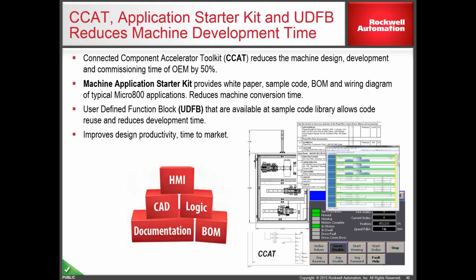For all new customers who are going to start using Connected Components, the CCAT is helping them reduce machine development time by 50%. This is tested in all three stages which we discussed in the previous slides: design, develop, and deliver. This particular piece is going to help you in the design and develop stages, which is helping you reduce your commissioning time by 50%.